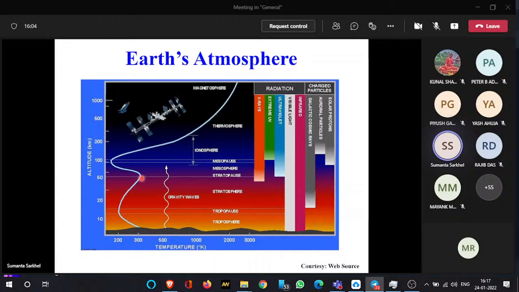These ozone molecules absorb UV radiation and dissociate. O3 dissociates in the presence of UV light into an oxygen molecule and an oxygen atom. And this oxygen atom, as you know, is very reactive, so it quickly recombines with oxygen molecules and gives ozone molecules again.